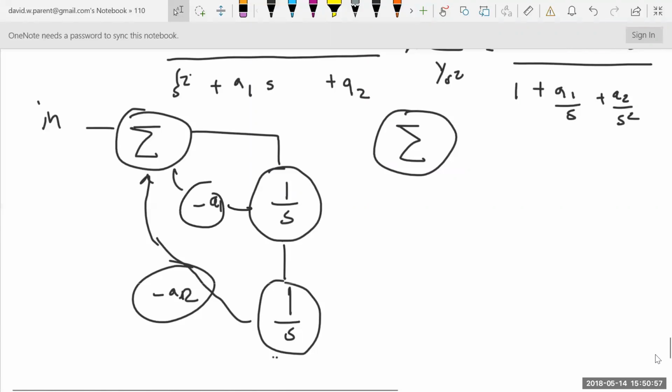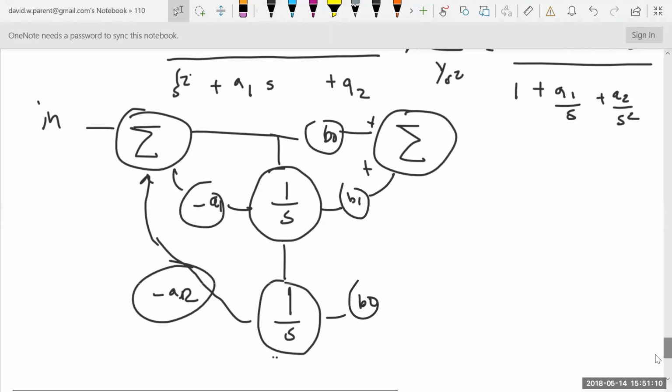Okay. Now here, there was a B naught. It gets added. There was a B1 because it goes through one integrator and that gets added. And then we have a B2 and that goes through and that gets added. And then we have an out. Now, yeah, if there's no B naught and no B2, well, B1 comes right out. If these two are missing, well, then it comes right out from there, right?